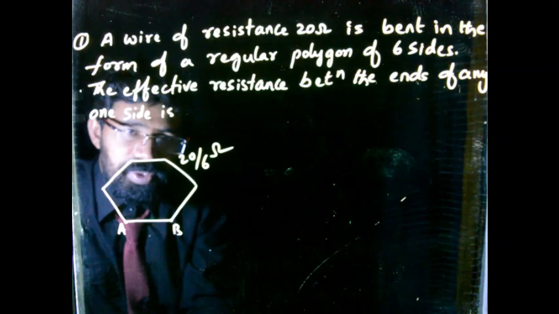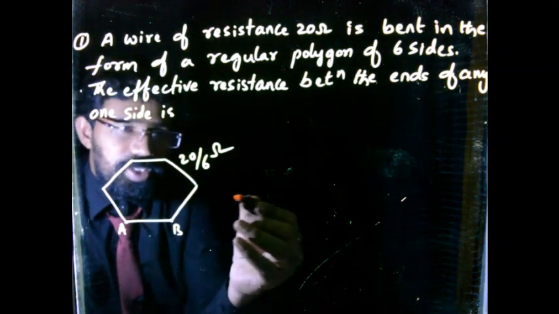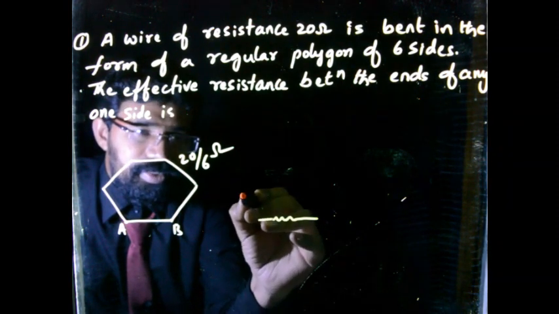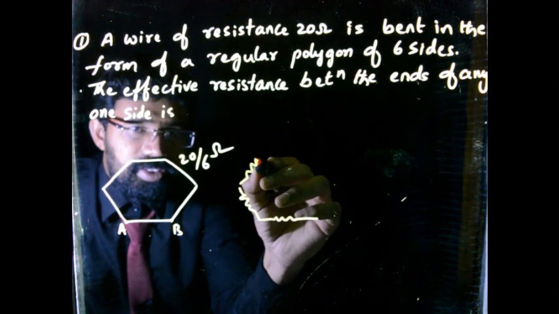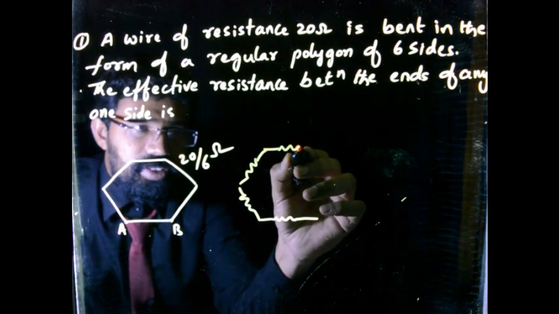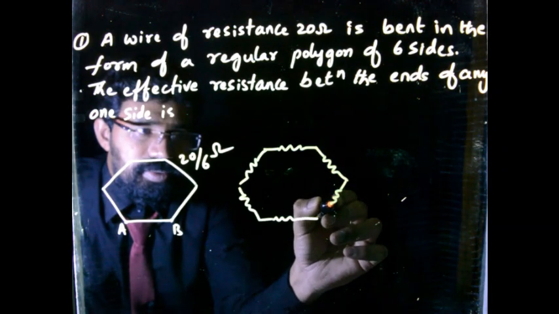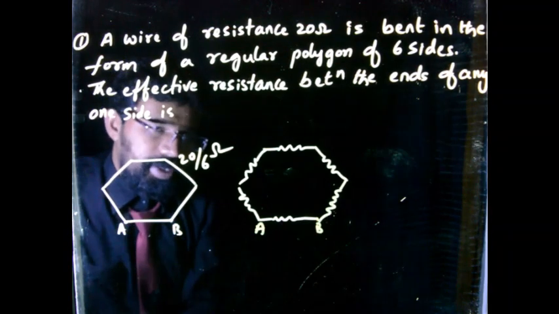Because in series combination, you add all these resistances, right? You can consider something like this. Let us say the bottom one is this one. This is another resistance, this is another resistance, this is another one. Like this, I'll imagine it.